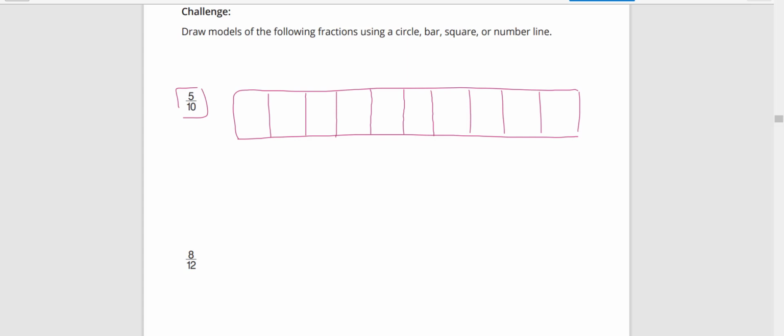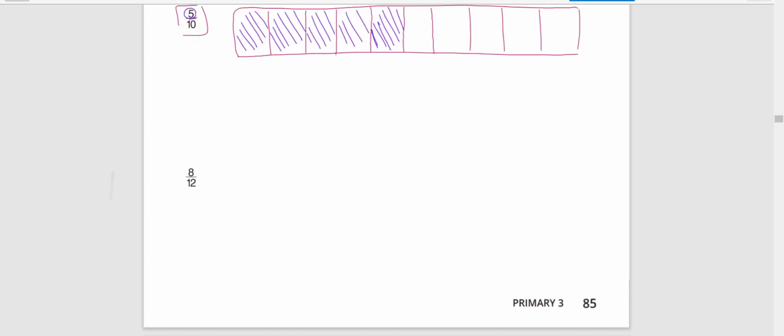Shade 5 parts because the numerator equals 5: 1, 2, 3, 4, and 5 parts. The fraction 8/12, solve.